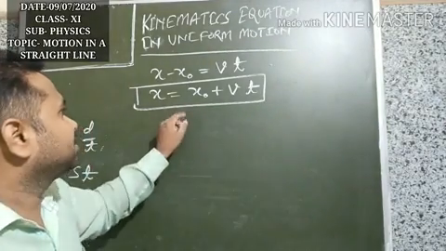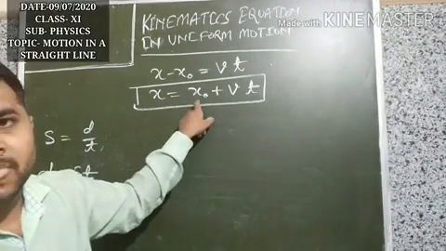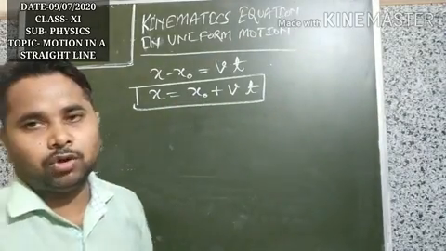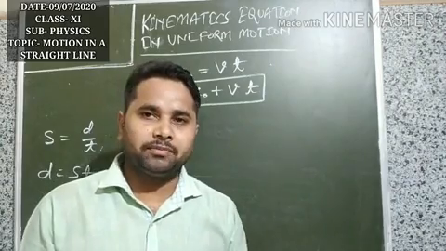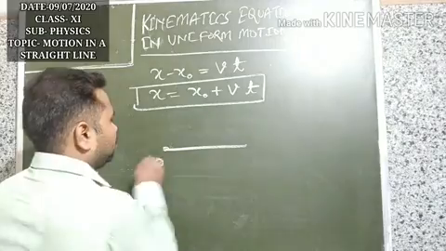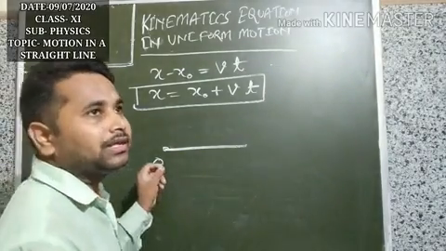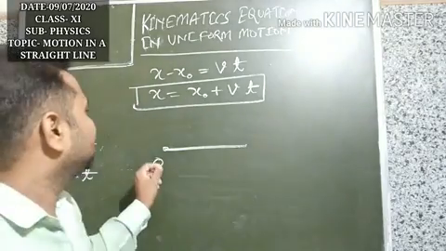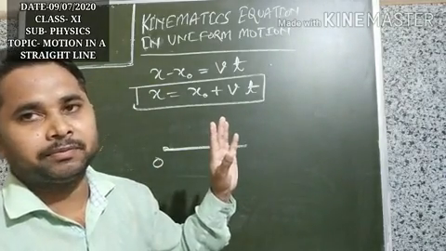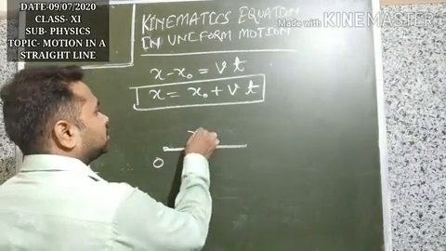It just has the difference of x0. Here there is no x0, here there is x0. This x0 is the initial position of the object from the reference point. Like in this last diagram, see, O is the observation point, from where it is being observed. It is taken as the reference point, meaning from this position distances or displacements are measured. So when it is at A, the position is x0.